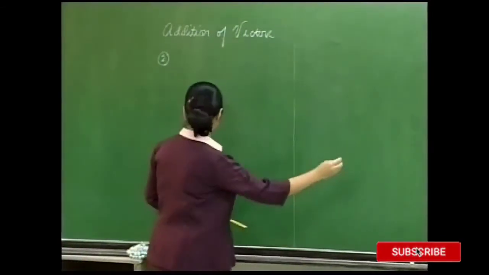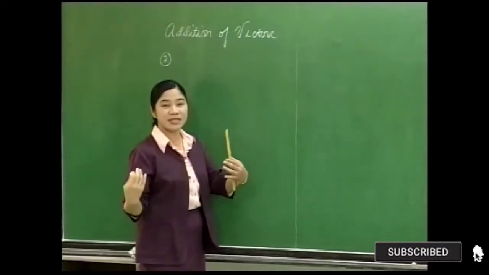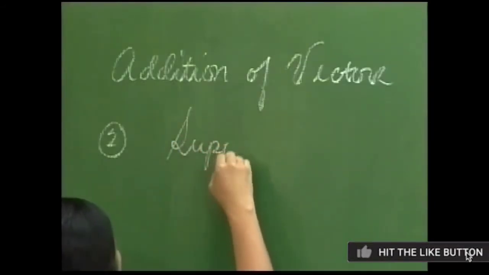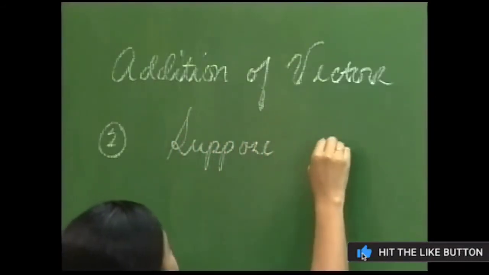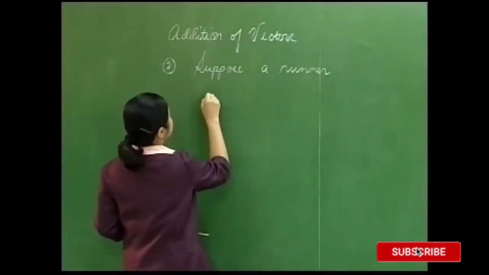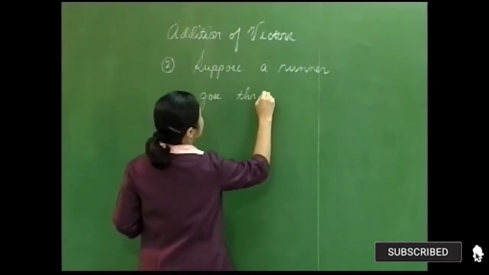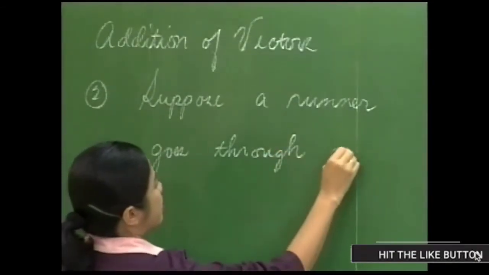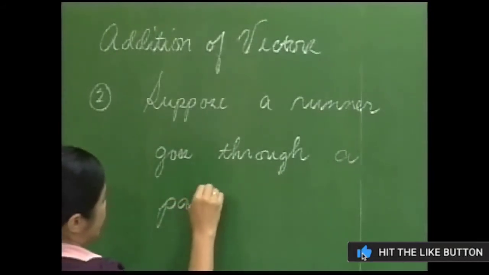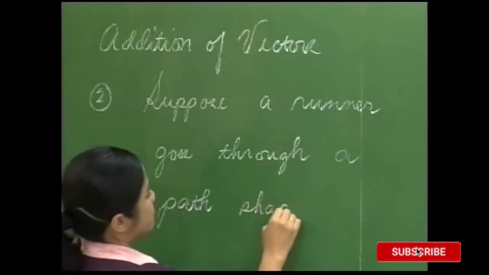Now let's look at the problem. You could have a game, somebody is playing baseball. Suppose a runner goes through a path shaped like a parallelogram.